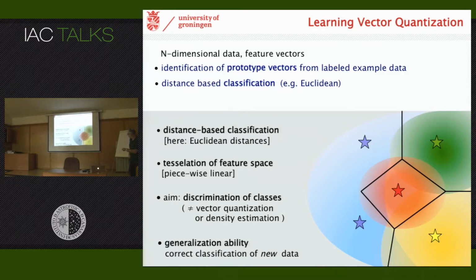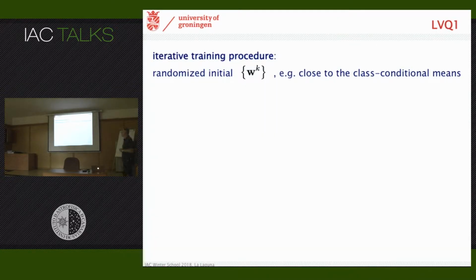So we would come up with a piecewise linear approximation of the density of classes in feature space. There you go. And any new data point here will be assigned to the nearest prototype according to these regions, which are sometimes called the receptive fields of the prototypes. Okay. So that's a pretty easy, pretty intuitive thing to do.